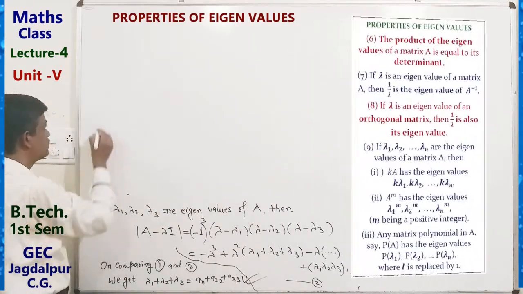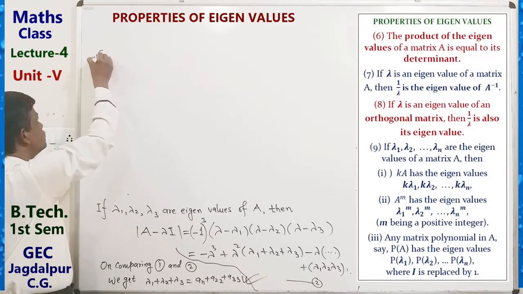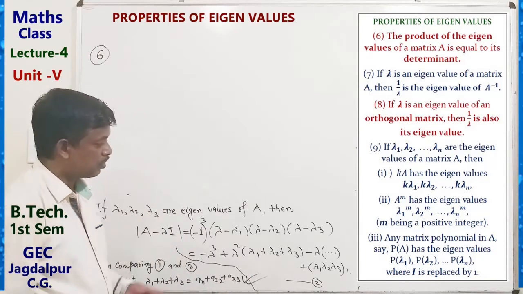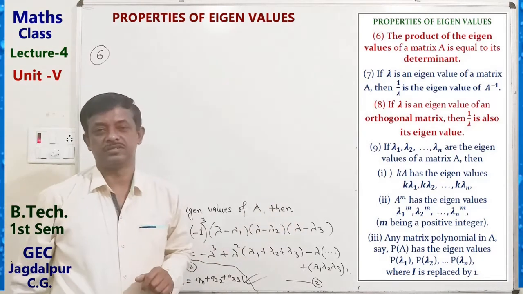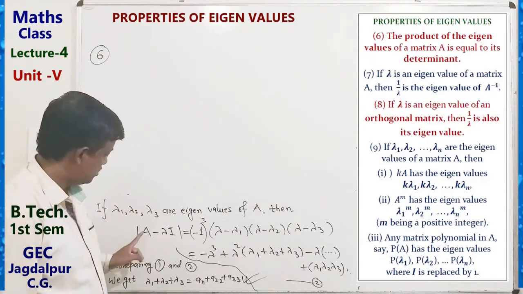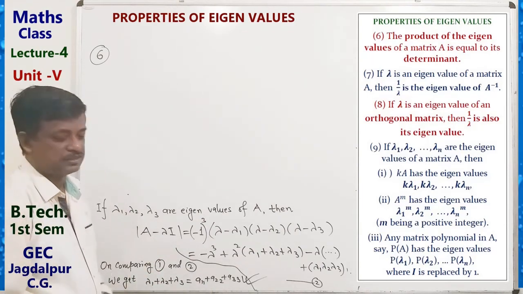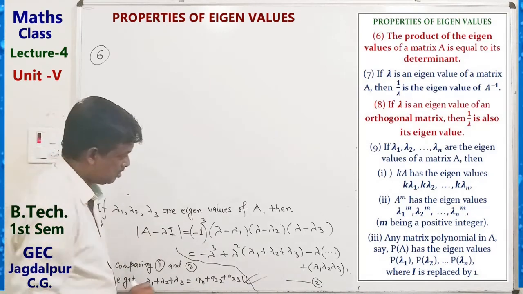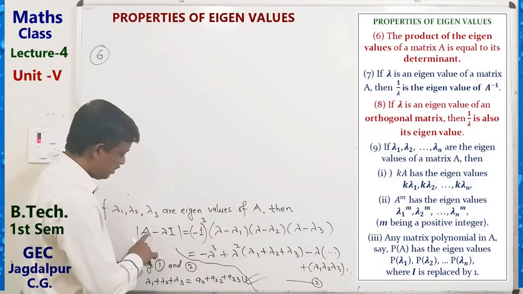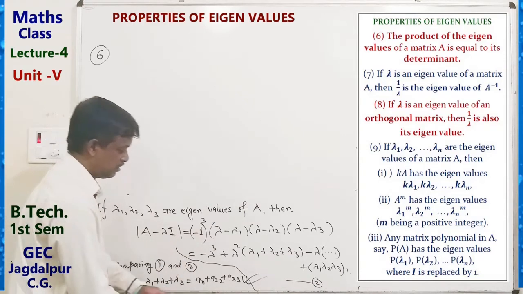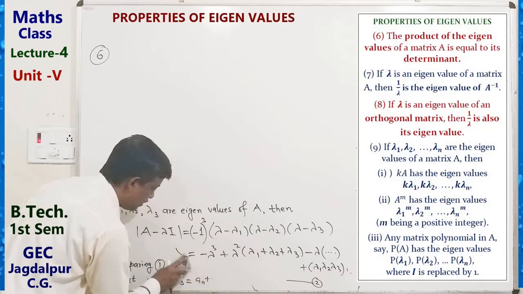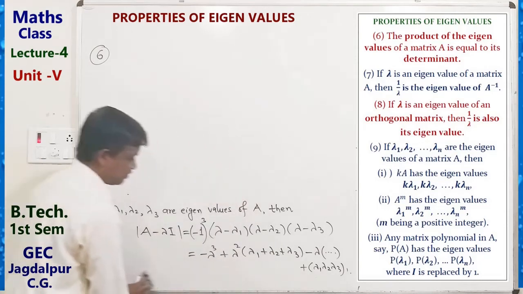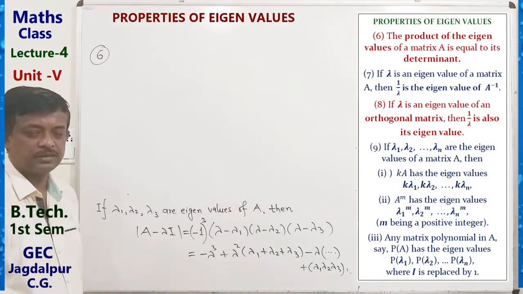What is property 6? The product of eigenvalues is equal to the determinant of the matrix. So here, if lambda 1, lambda 2, lambda 3 are the eigenvalues of the matrix A, then we can write this is equal to this.